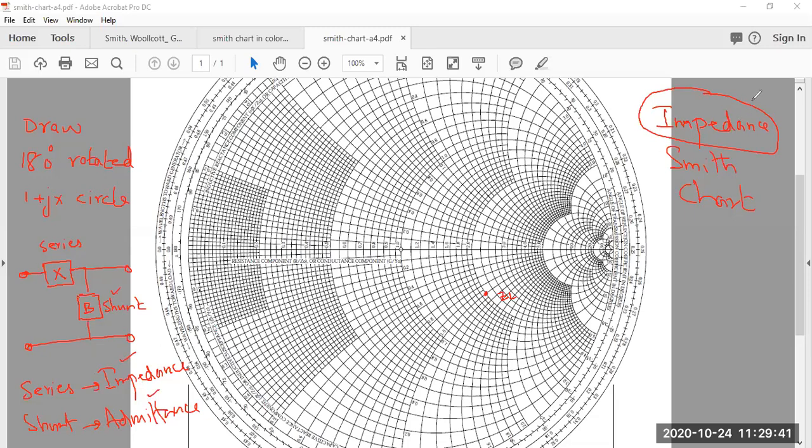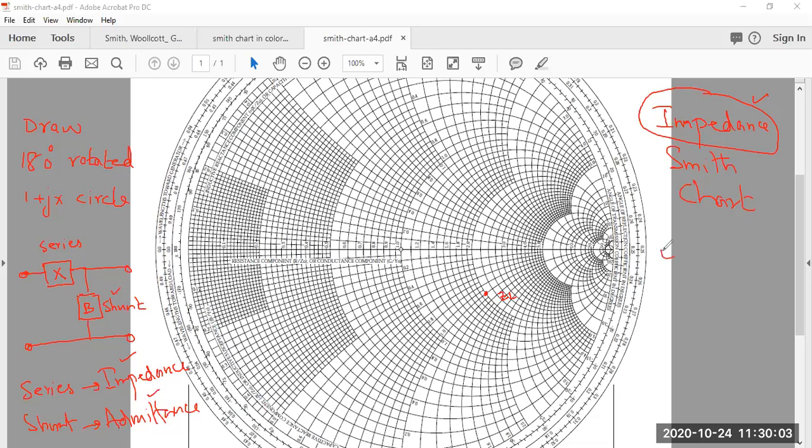But the chart that I'm using is only an impedance Smith chart. You already know from before the midterm, we explained this concept, that because of the 180-degree relationship between impedance and admittance, the same chart can be used either as an impedance Smith chart or an admittance Smith chart.